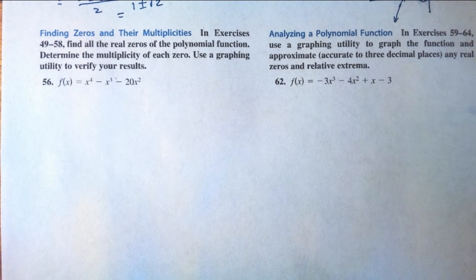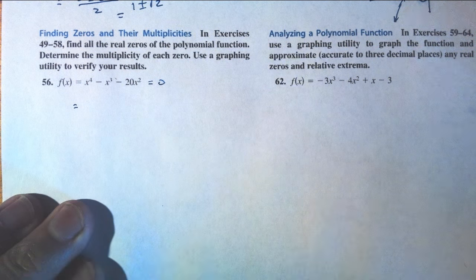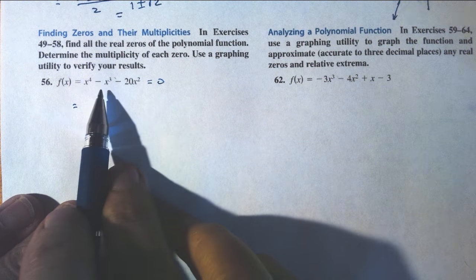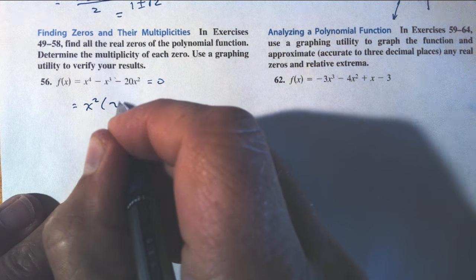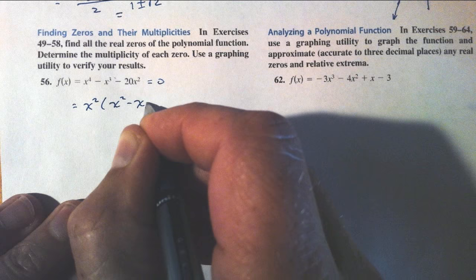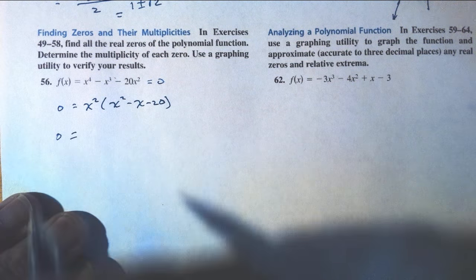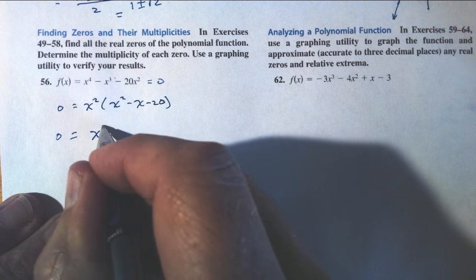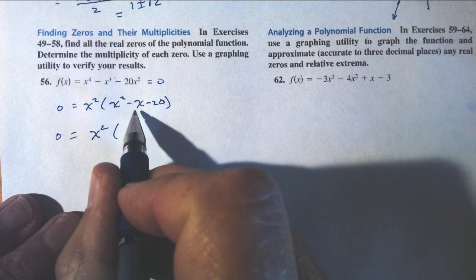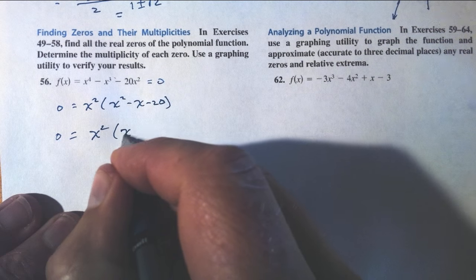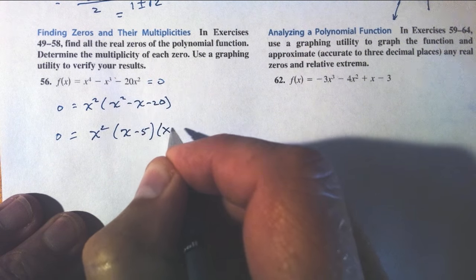All right, so if I set this equal to 0, I would like to be able to factor if I can, and I note every term has an x squared factor to share. So I'm going to pull an x squared out. I'm left with x squared minus x minus 20. I can further factor. We have a quadratic here. Factors of negative 20 that add up to be negative 1 would be negative 5 and positive 4.